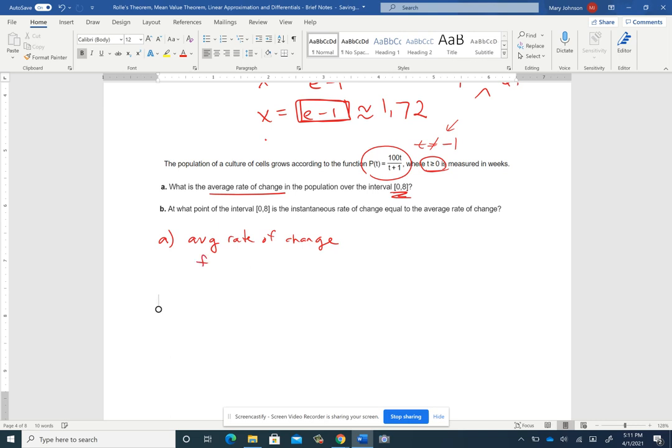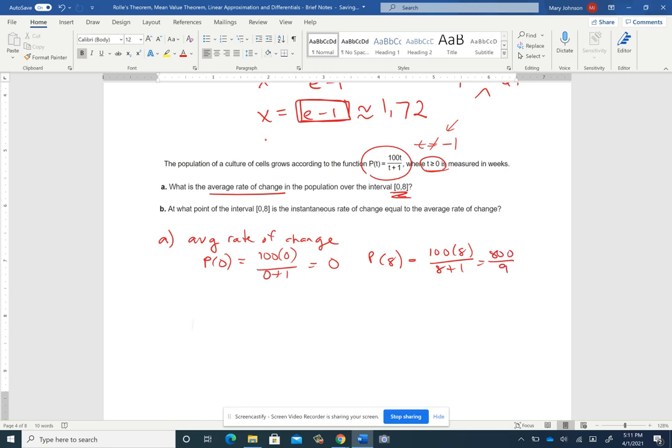So we're going to do P of 0 and find out what that is. We do that by going to the function and plugging in 0. And we get 0 over 1, which is 0. Then we do P of 8. So that's 100 times 8 over 8 plus 1, which is 800 over 9.